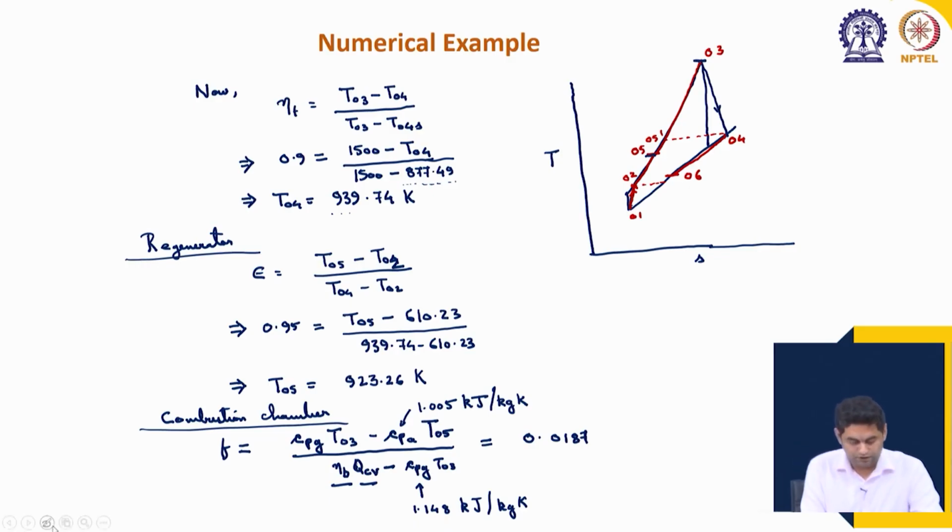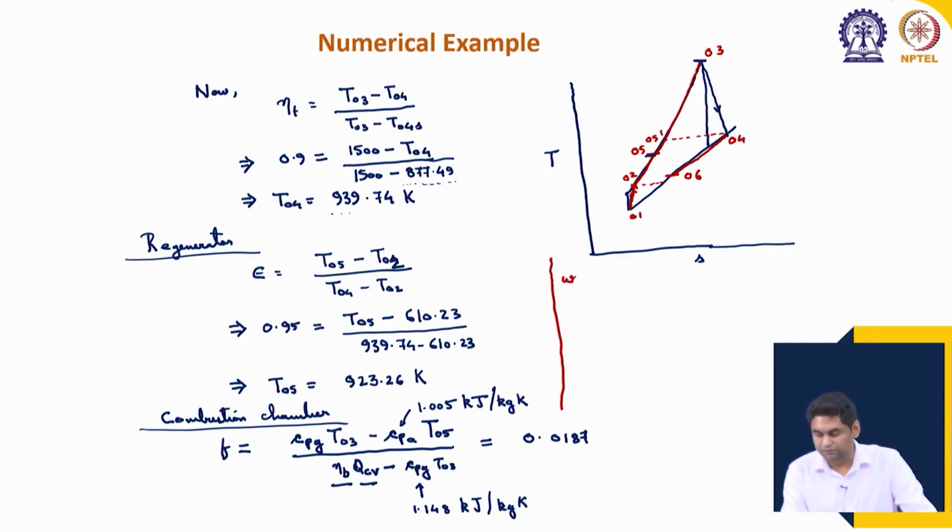Let me use another color to avoid confusion. I will solve it here only. So, what is the net work output? Net work output from the turbine is equal to, so there is no transmission efficiency given, we will assume that transmission efficiency is equal to 1.